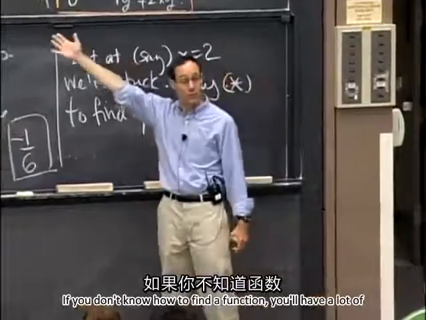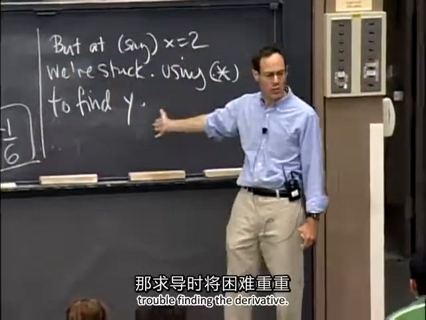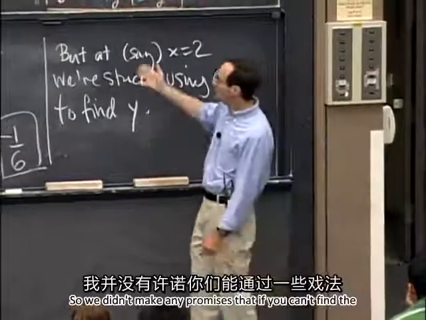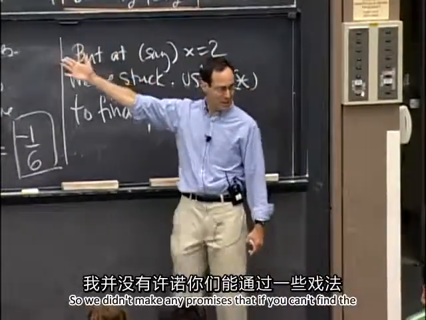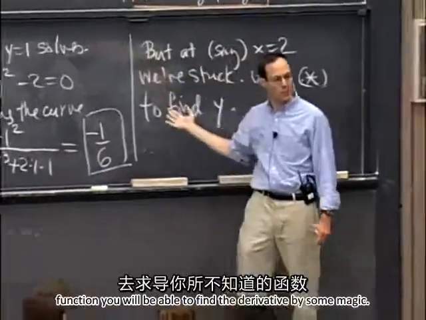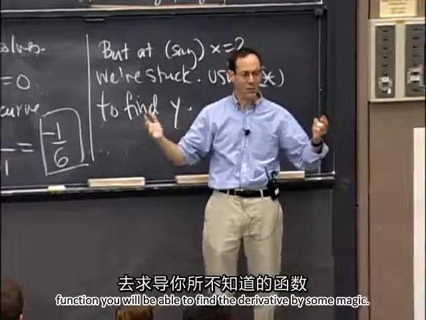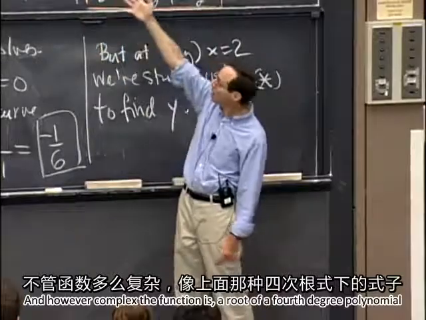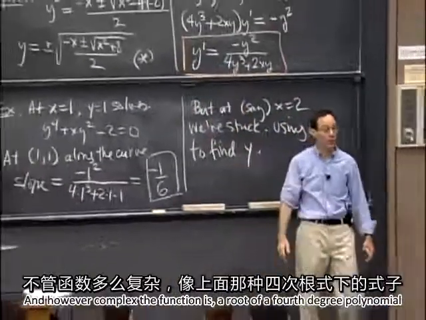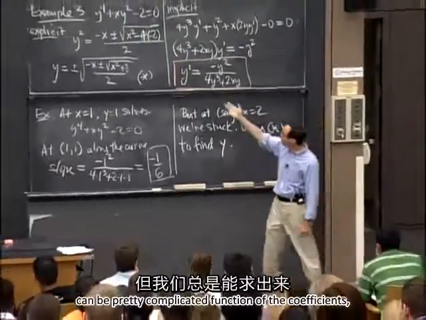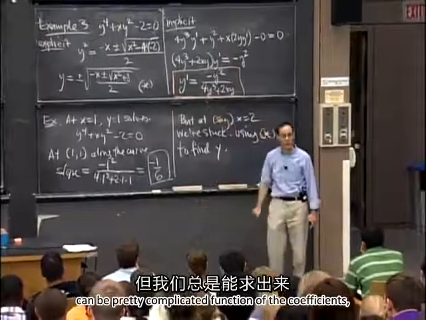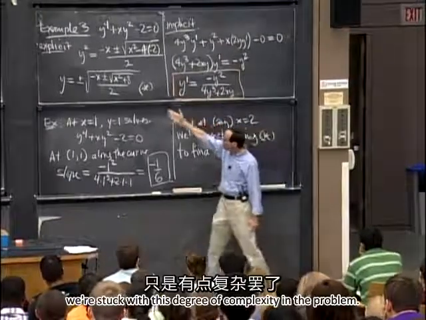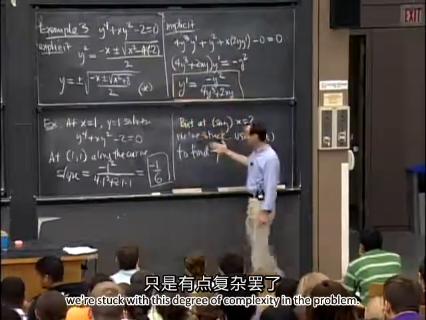If you don't know how to find the function, you'll have a lot of trouble finding the derivative. So we didn't make any promises that if you can't find the function, you will be able to find the derivative by some magic. That will never happen. And however complex the function is, a root of a 4th degree polynomial can be a pretty complicated function of the coefficients. We're stuck with this degree of complexity in the problem.